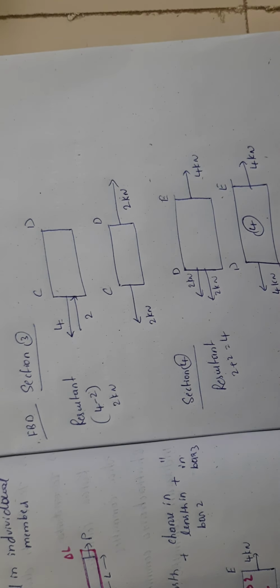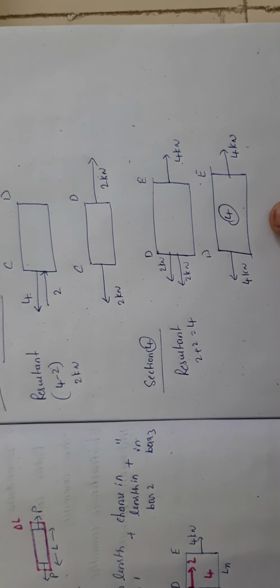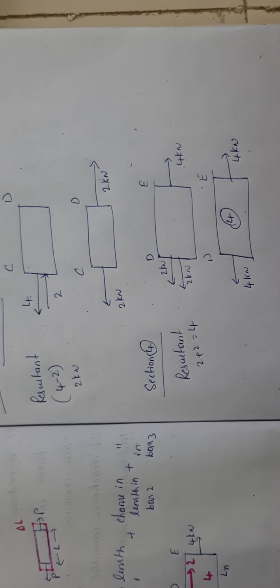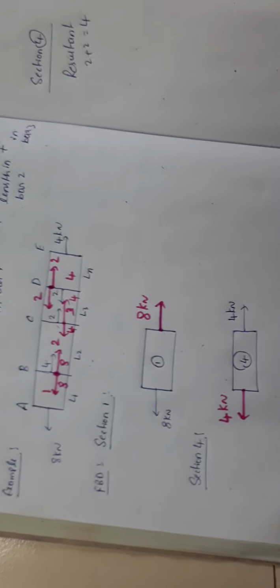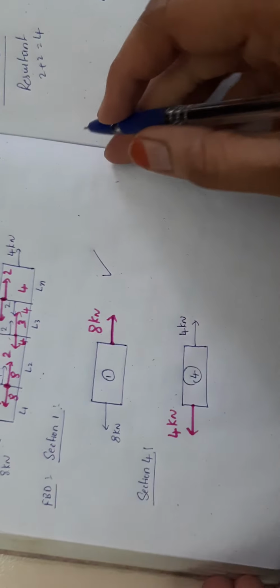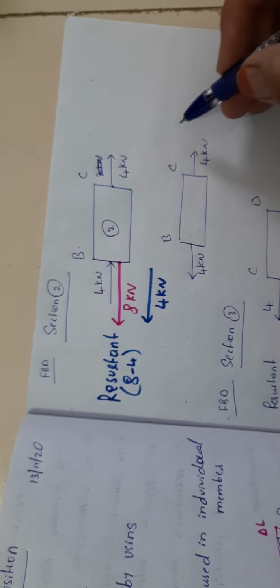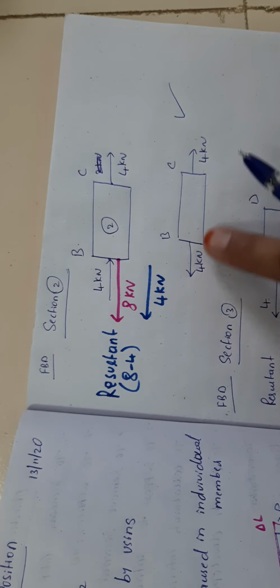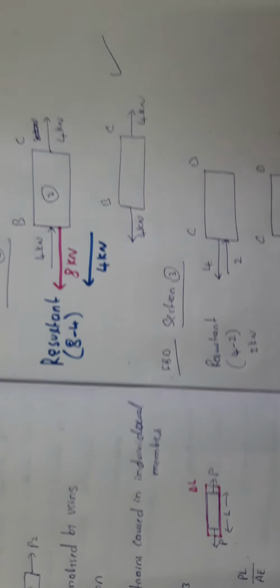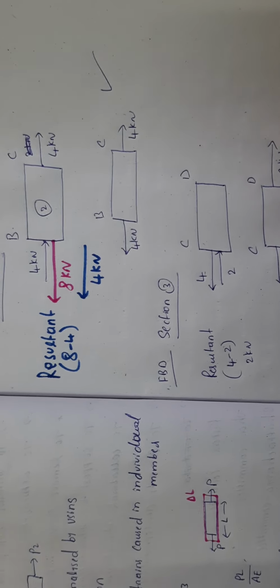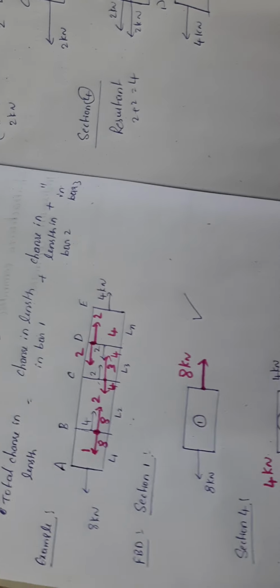Okay, so this is the way you have to draw the free body diagram for all the sections. Now when you combine section 1 and section 2, there is a 4 kilonewtons this side and 8 kilonewtons this side.